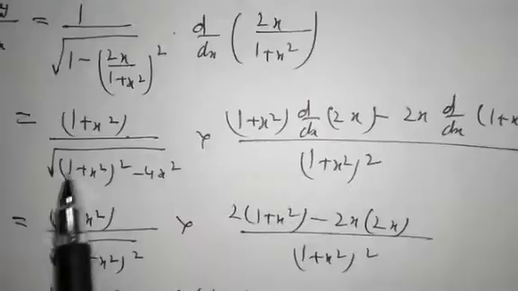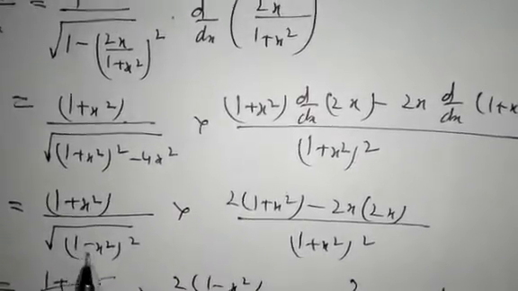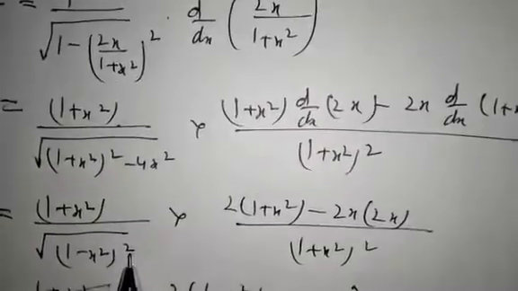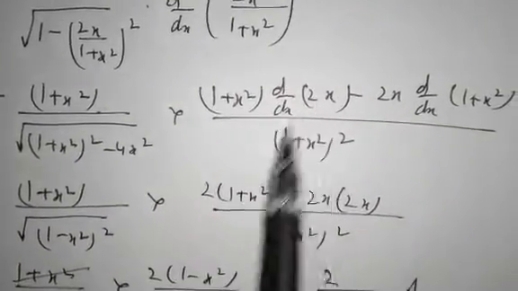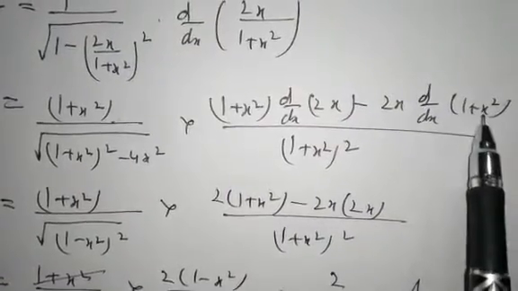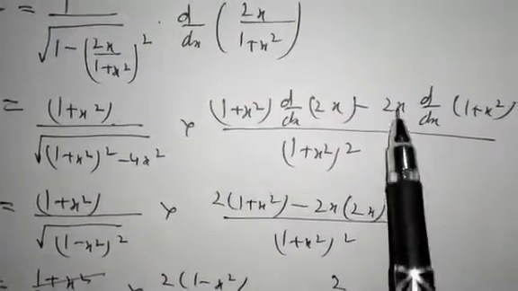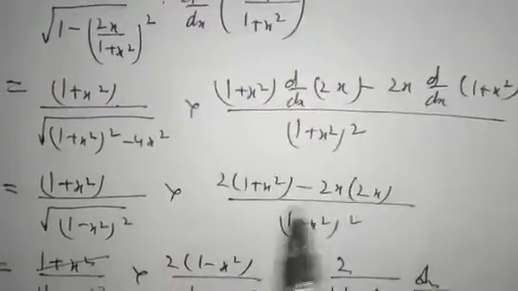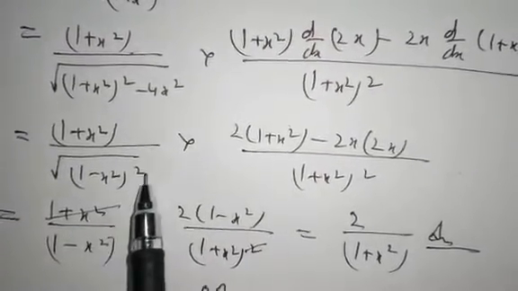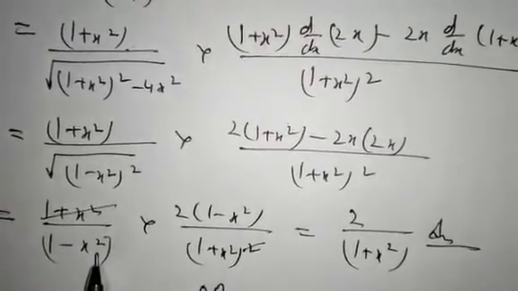After simplification of this one we have 1 minus x square under root, whole square. Derivative of 2x comes 2, this one as it is, and derivative of 1 plus x square comes 2x, this part is as it is. Now the square root of 1 minus x square, whole square, is only 1 minus x square.